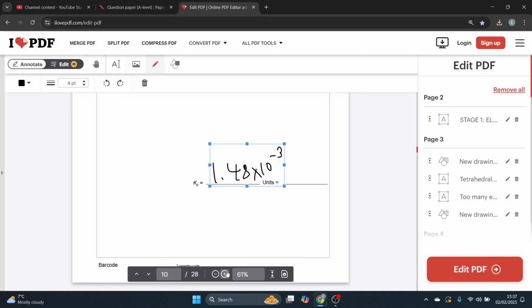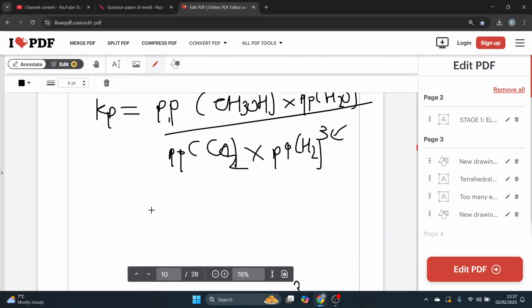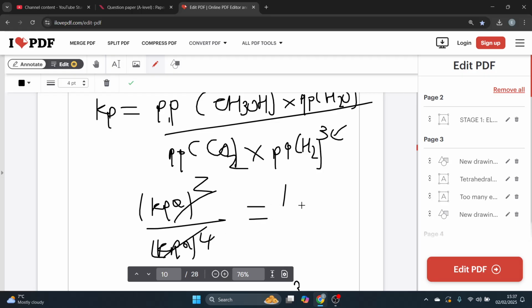The units: I didn't convert it into pascals, I used kilopascals. It's going to be kilopascals times by kilopascals squared, over kilopascals times by kilopascals cubed, kilopascals to the power 4, which is the same as 1 over kilopascals squared, and that is the same as kPa to the power minus 2.